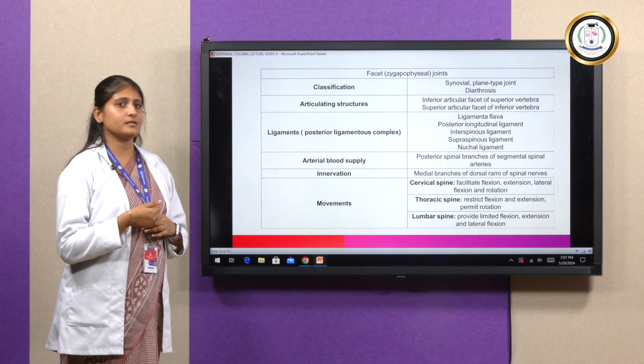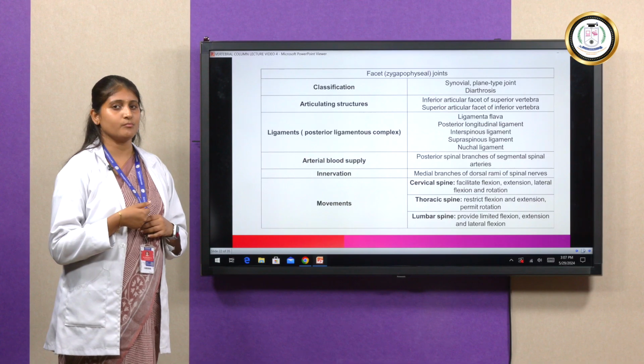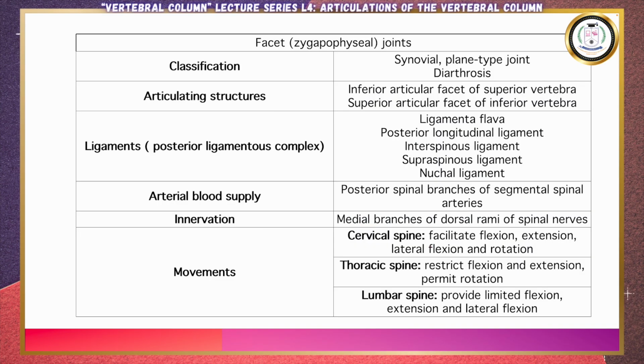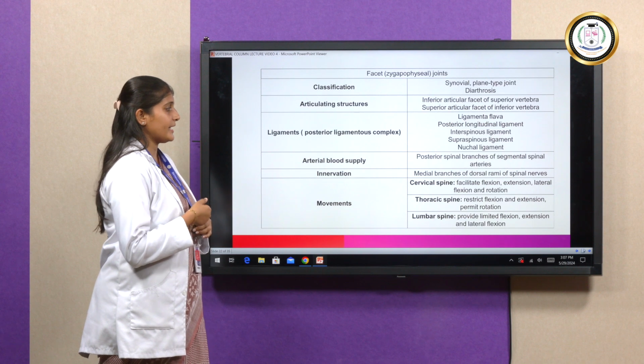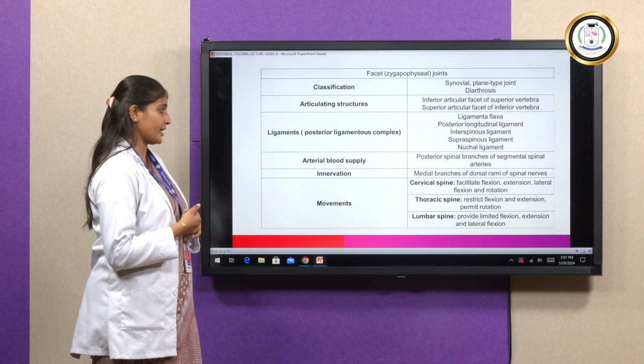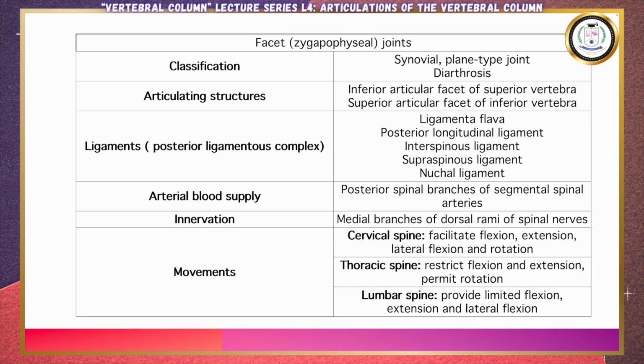It helps in intervertebral joint mobility, especially at the cervical spine. It facilitates flexion, extension, lateral flexion and rotation. At the thoracic level, it restricts flexion and extension and permits rotation, and at the lumbar level, it provides limited flexion, extension and lateral flexion.